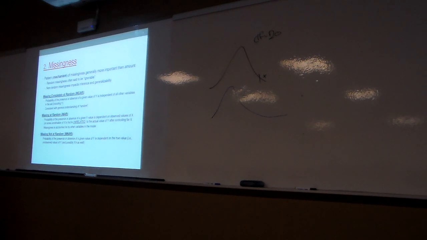If you have missing not at random, this is a situation where the probability of presence or absence of a given value of y is dependent on the actual value of y, and also maybe on values of other x's as well, right?